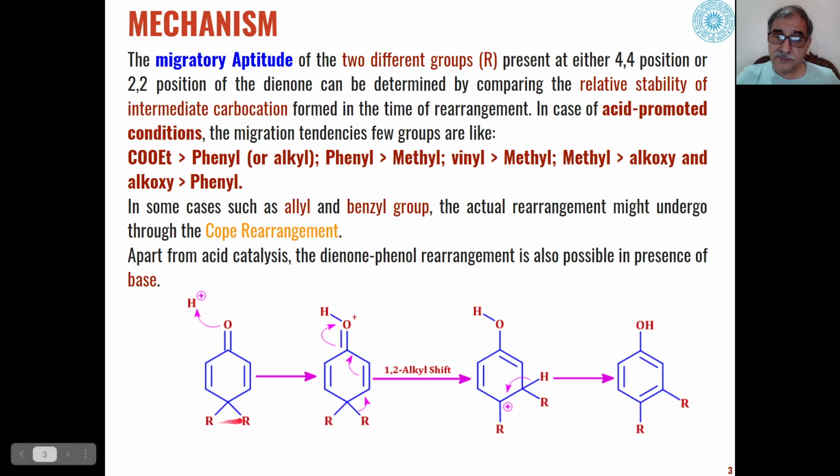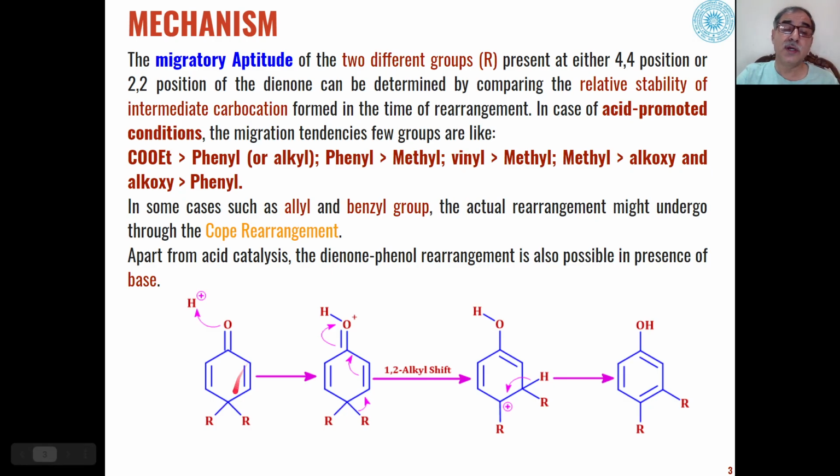But if these two substituents are different, then which of these two will migrate to the adjacent position will be determined by the migratory aptitude of these groups. So either they are present at 4,4 position, or these substituents are present at 2,2 positions.